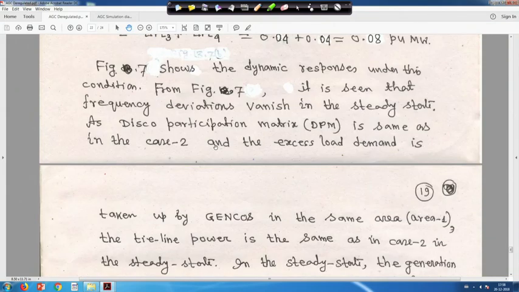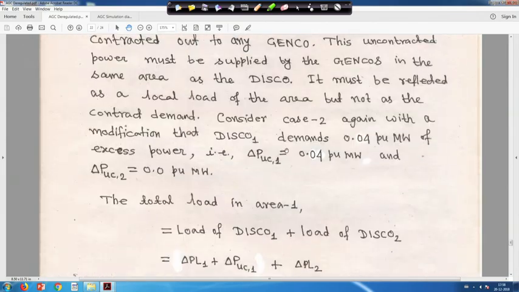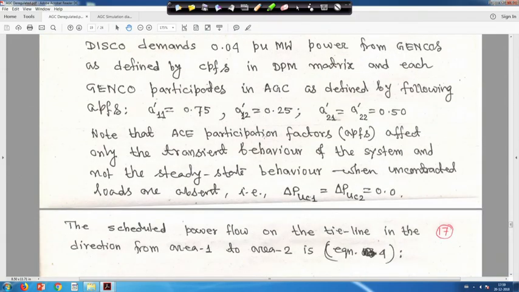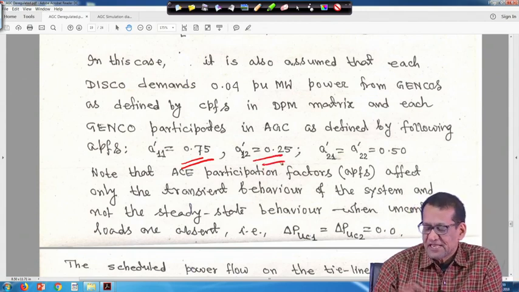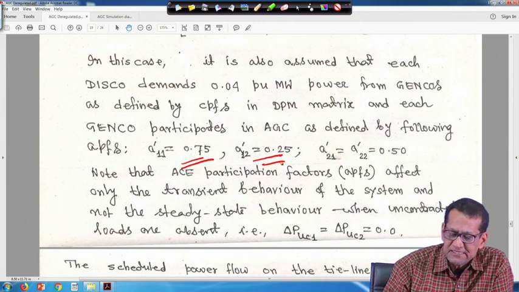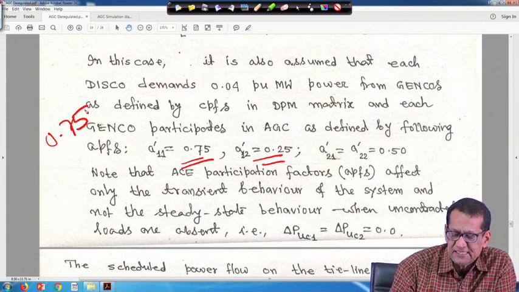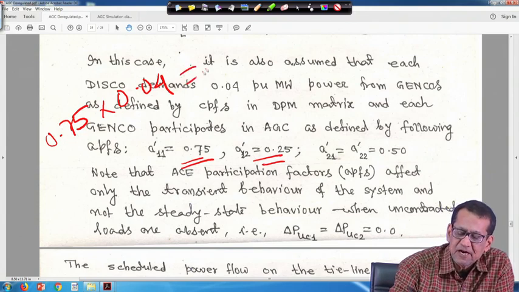So, the question is, if we go back to the AC participation factor, let me recall how much we took. Here we took the AC participation factor for GENCO 1 as 0.75 and for GENCO 2 as 0.25. In area 2 there was no excess demand, that means GENCO 1 will share 0.75 into 0.04, which is nothing but 0.03 per unit megawatt.